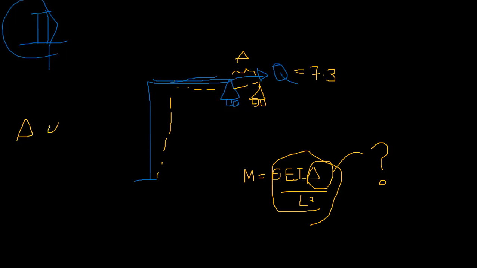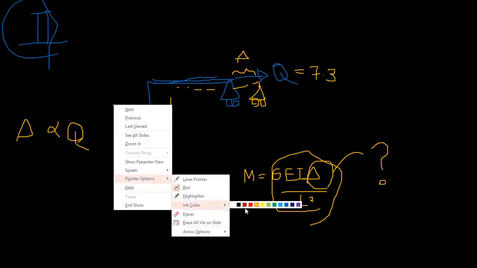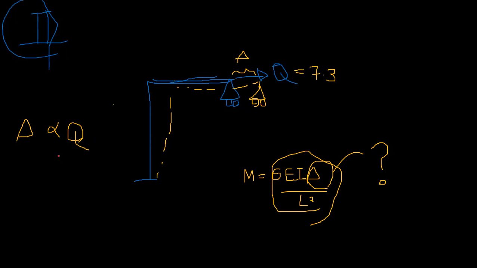This delta will depend on the Q. We don't know the value of E as well. If it is not given, we cannot find delta, so that means we can assume a delta. We can assume some value for delta.